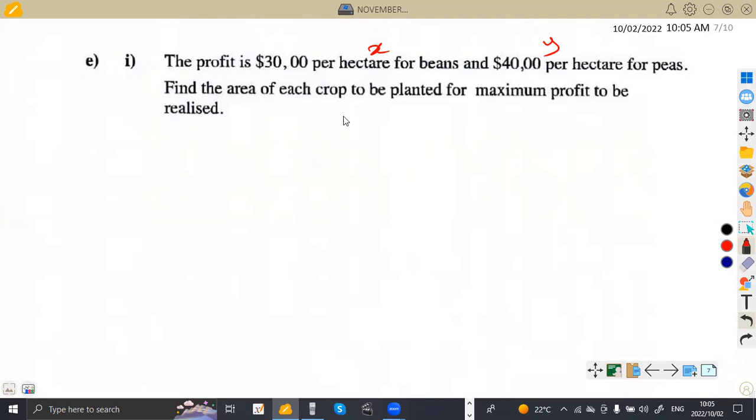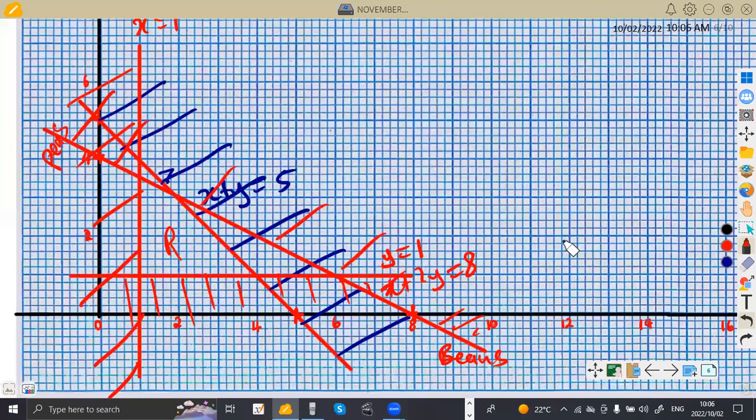Find the area of each crop to be planted for maximum profit to be realized. So this is what I want you to do. I'm just going to give you a glimpse of what is happening here. You're going to take the points which give you maximum.